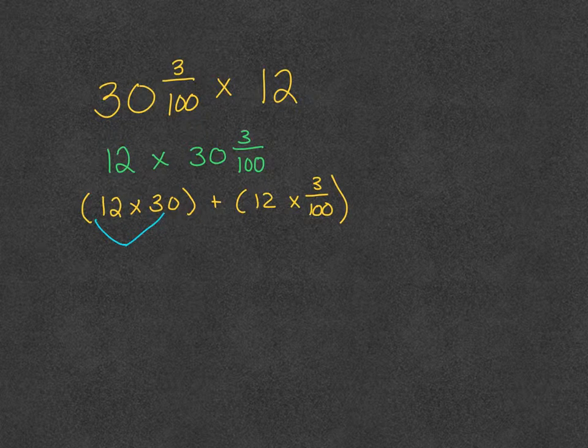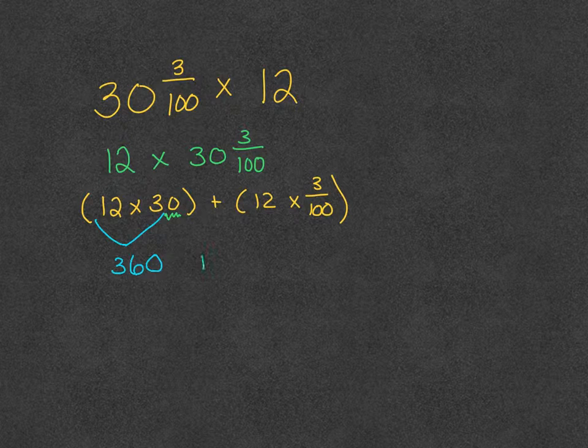Well, 12 times 3 is 36, and we multiply it with that 10 that you see here. That becomes 10 times 36, which becomes 360. And now let's bring down our plus sign. And we're going to multiply 12 times 3 is 36 over 100.